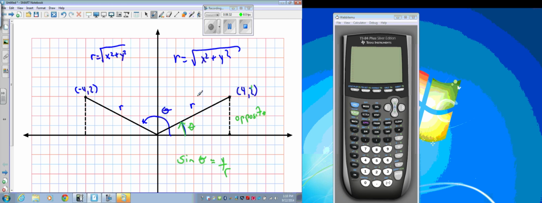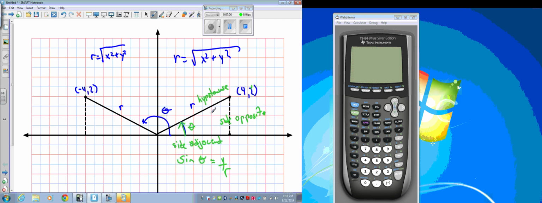This is the hypotenuse. And this is the adjacent side. They will say side adjacent, but I'll just refer to it as adjacent.